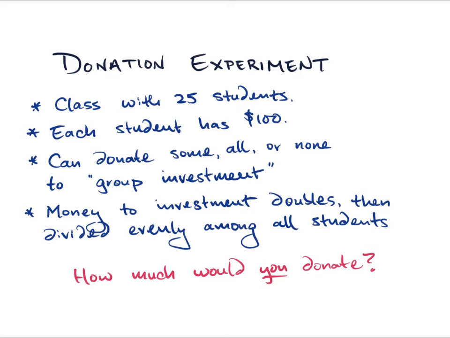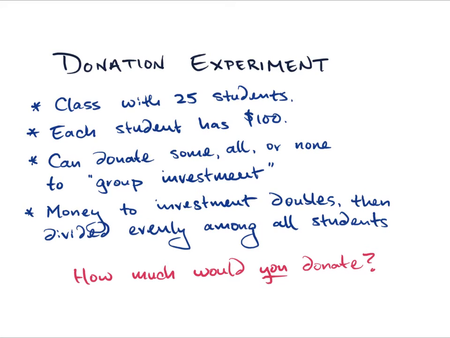Before I talk further about public goods and common resources, I want to explain a thought experiment that I usually do in class. So I tell the class that each student hypothetically has $100, and they are part of a group of 25 students. Each student in this group can donate some, all, or none of their $100 to some type of group project, group investment.